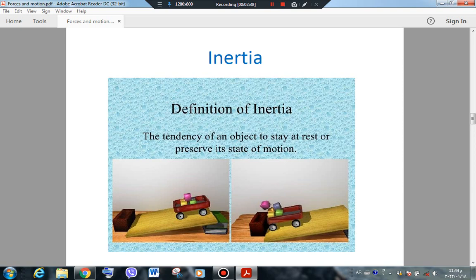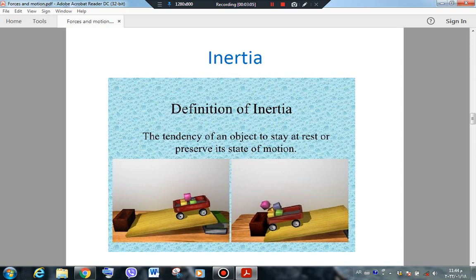Okay, so here we have a new notion, which is called inertia. Inertia has a definition. The definition is the tendency of an object to stay at rest or preserve its state of motion, which means that, for instance, we have a car, you want to move it, but that car doesn't want to move. So what's the reason? It's because it has its own inertia.